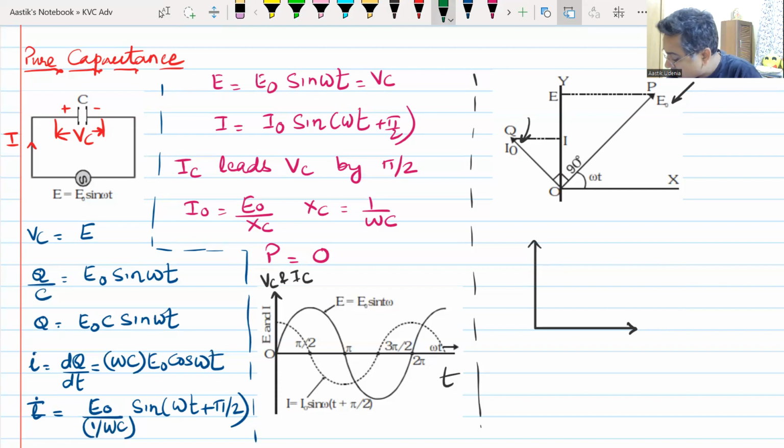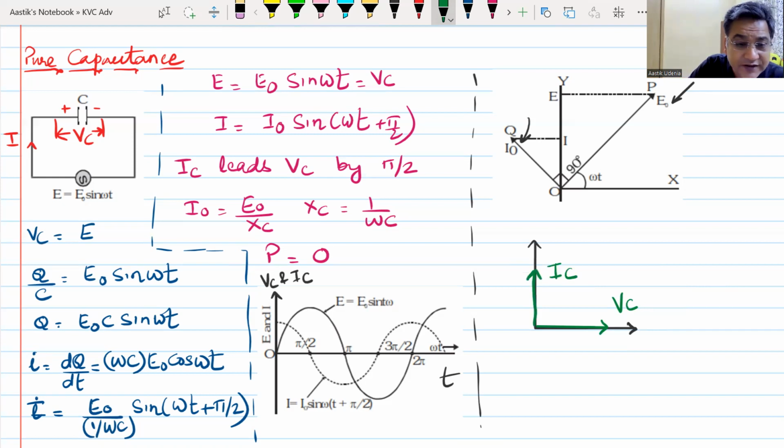If I would have drawn the voltage across the capacitor VC here, where would be the current across the capacitor? It will be ahead. The current across the capacitor IC would be ahead by a phase angle of pi by 2. Do we understand this?